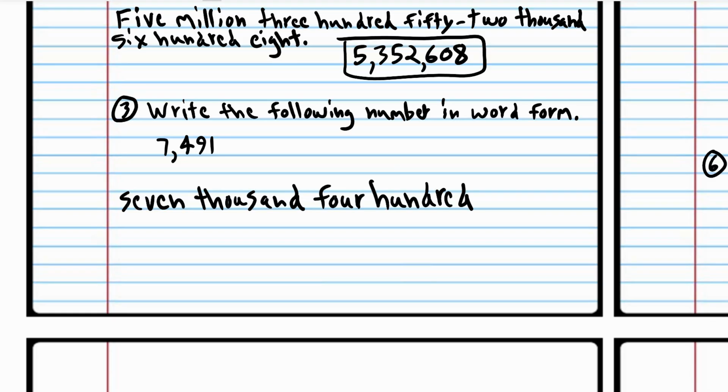And 9 is in the tens place and 1 is in the ones place, but remember for the two numbers furthest to the right, we're just going to use the special name 91.